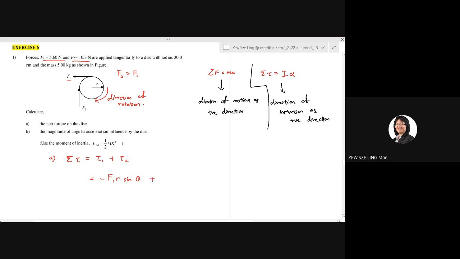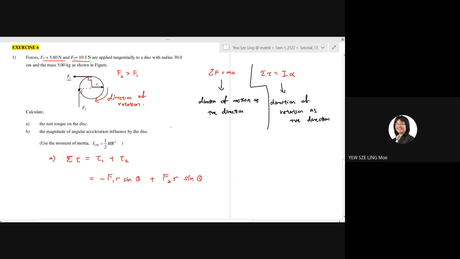So plus F2. Now if you push the disc in the direction of F2, it will rotate in a clockwise direction. Therefore, torque 2 is a positive torque. So F2 R sine theta. Now, what is the value of theta? It's very simple. Okay, r is the radius, so it is always perpendicular to the force here.